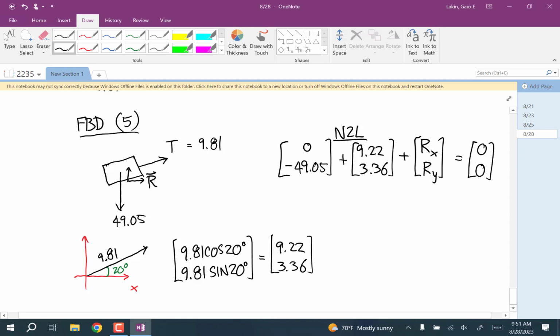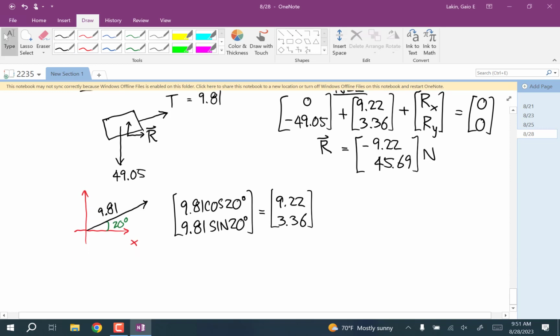Static equilibrium says it's equal to 0. And you can calculate these components, and you get that this R vector is equal to negative 9.22, positive 45.69 newtons. And if you want to visualize that force, it's a little bit in the negative x direction, a lot in the positive y direction, so it's over this way or something like that.